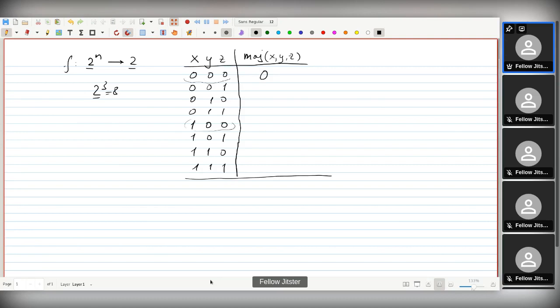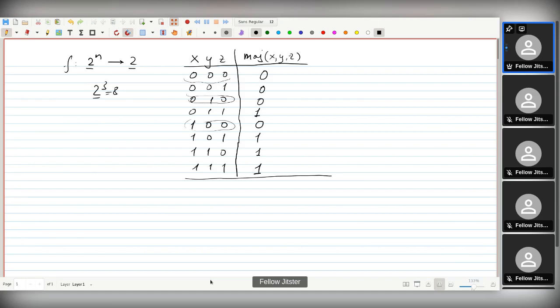And when we have exactly one unity among 2 zeros, then clearly the most common value is 0. If we have 2 unities and 1 zero, then unities form a majority. And clearly, if we have 3 unities, unity is the majority value. Okay, it is quite an interesting function.